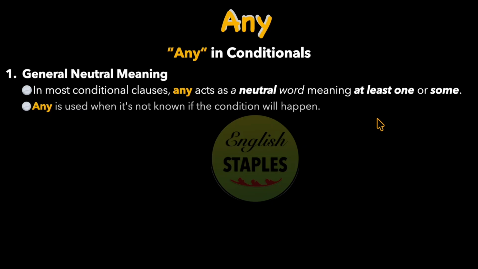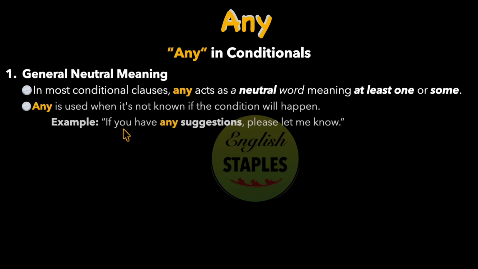There's uncertainty. You don't know if the condition will happen. For example, if you have any suggestions, please let me know. If you have any suggestions, we don't know if this person will give any suggestions, right? It's not known.